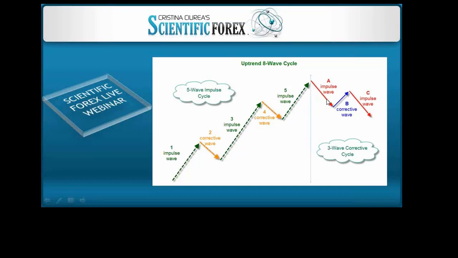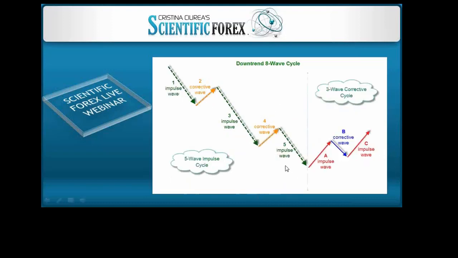For the corrective move, we have 3 waves, which in that theory Elliott named the ABC move. This is for an uptrend, and we have the same with a downtrend.